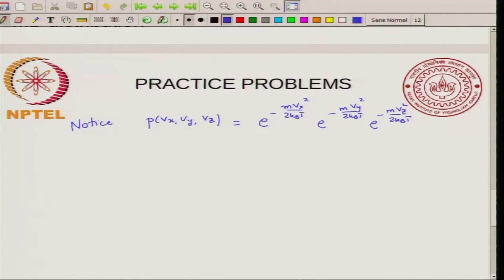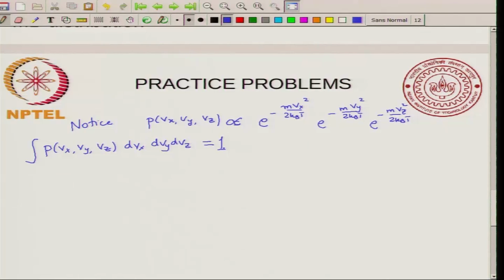So, what can you do with this? Now, your condition is that integral P of Vx, Vy, Vz, no, I should write this is proportional to, okay, dVx dVy dVz, this should be equal to 1. Okay.